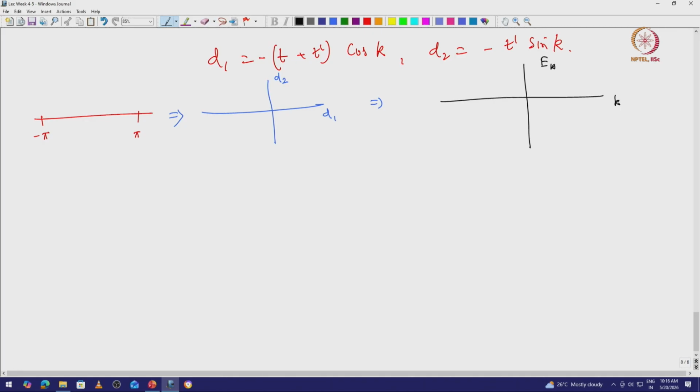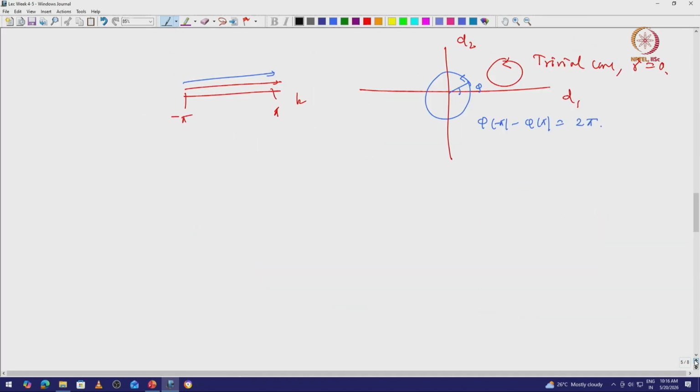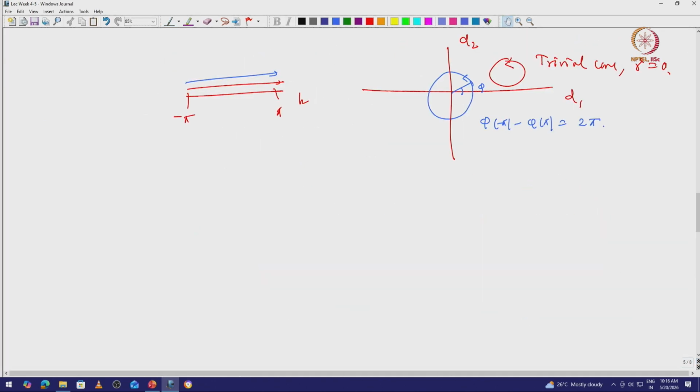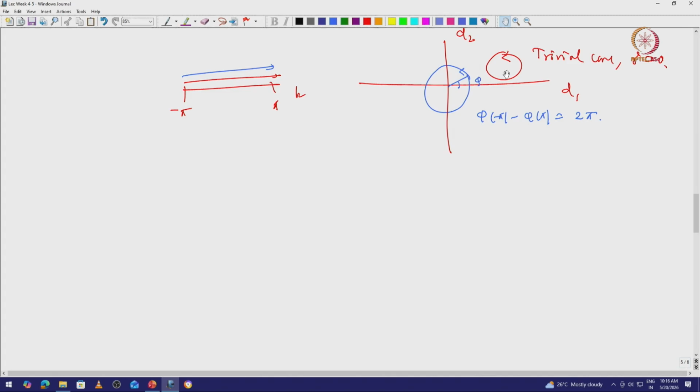So, one thing we learn is that if it forms a loop that does not wrap the d equal to 0 region, which means d1 equal to 0 and d2 equal to 0, then we will have a trivial topology.